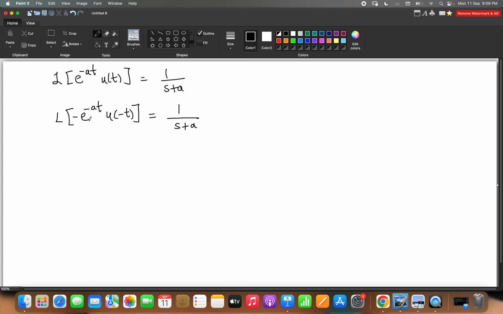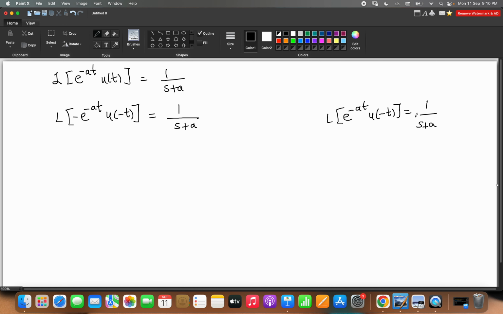To obtain this, just multiply both sides by minus. Since we calculated the Laplace transform of e power minus at u of minus t, it is easy to obtain the Laplace transform for the previously told signal.